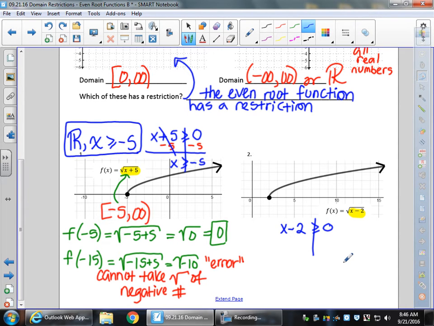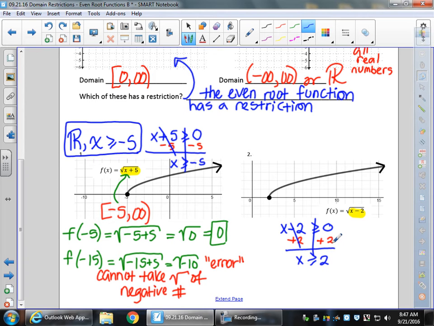Let's find our domain. So it's just like I very carefully highlighted just what's underneath the radical, I'd recommend you do the same. Yes, very good. We're going to add 2 to both sides. I got x is greater than or equal to 2. Who got that?